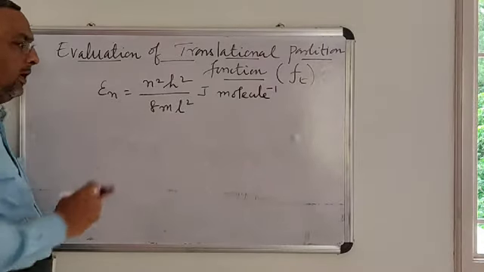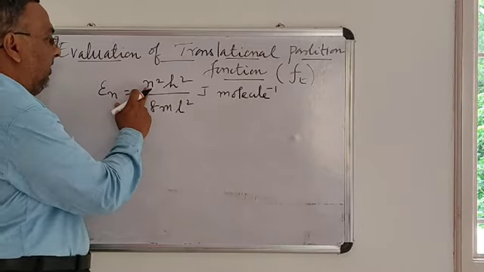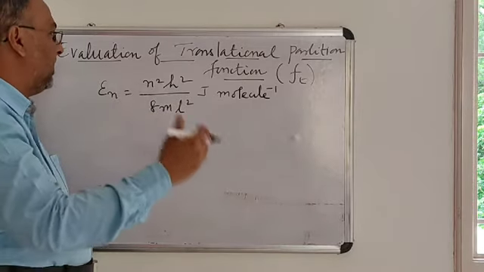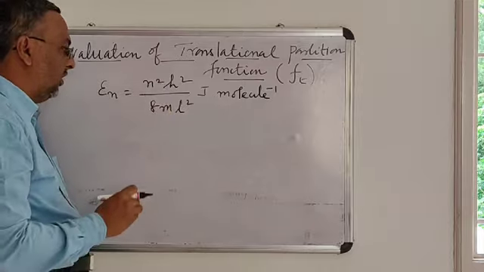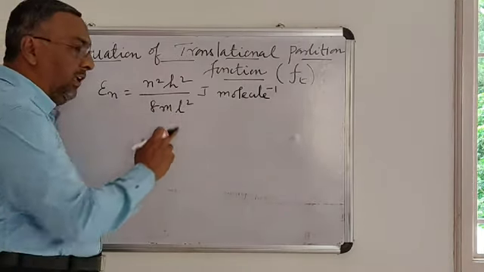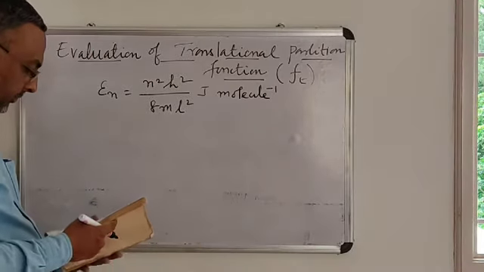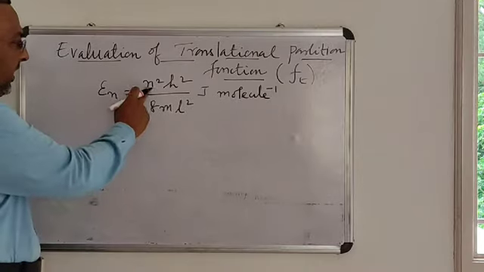This is the translational energy of a particle in a one-dimensional box. n is the energy level number, h is the Planck constant, m is the mass of the particle and L is the length of the box. n is an integer.